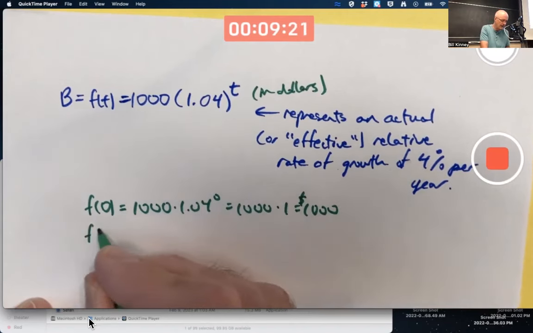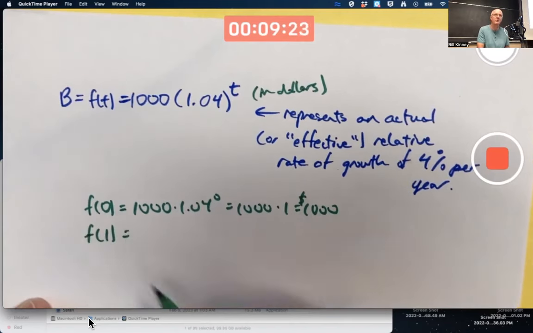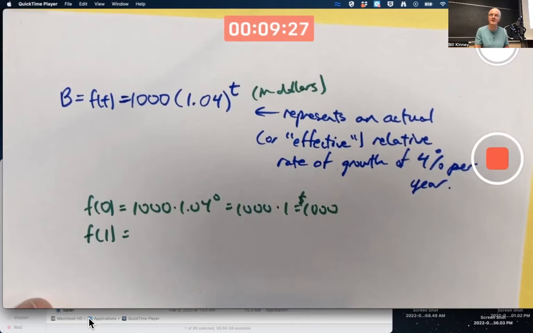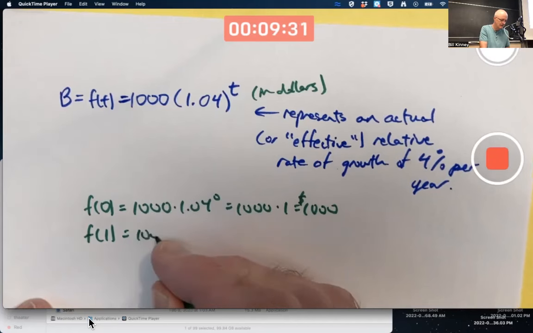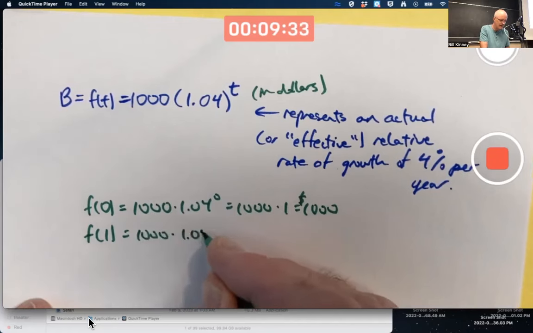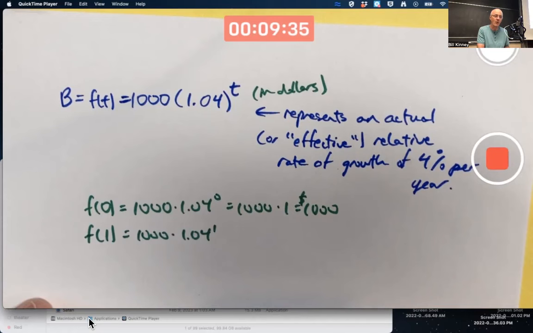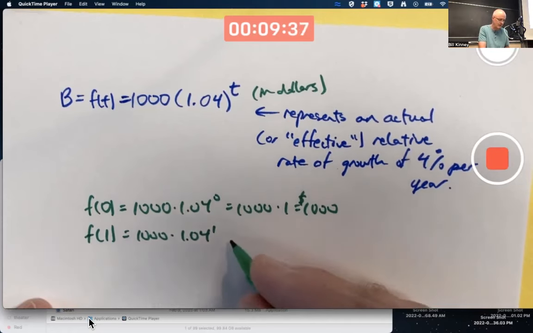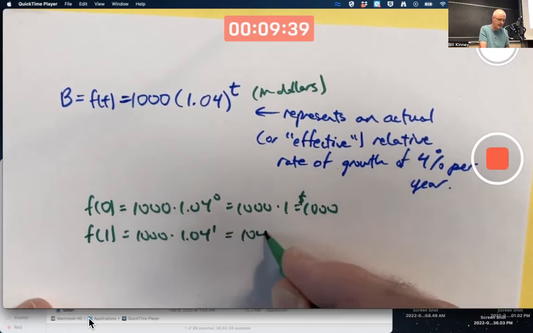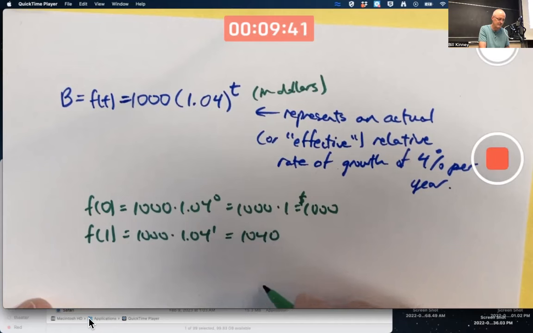After 1 year, it's supposed to grow by 4%. So the amount of interest that you get should be 4% of 1,000, which is 40. So the balance should be 1,040, and it is. 1,000 times 1.04, you can double check on your calculator, is 1,040.